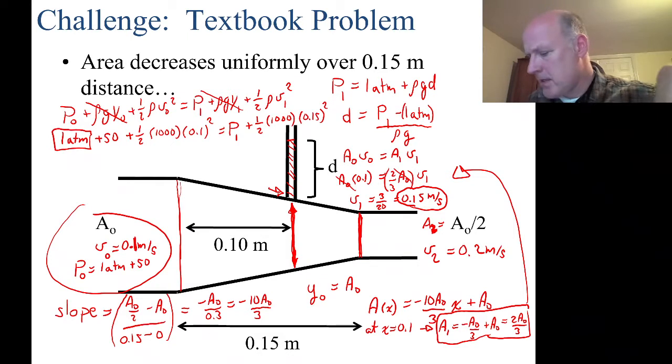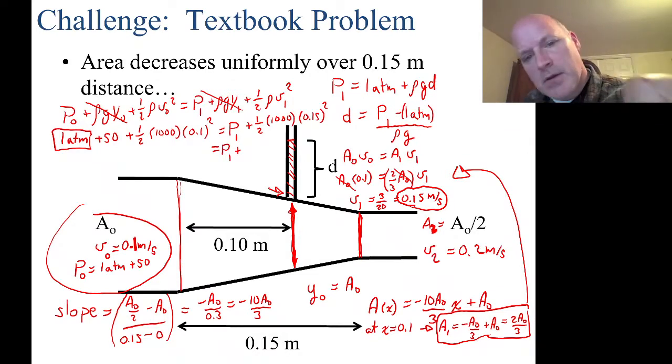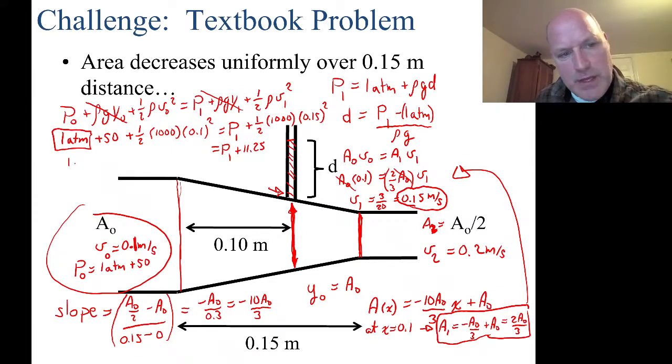So we get equal to P1 plus 11.25. And here we've got 1 atmosphere plus 50 plus, okay, let's see, 0.1 squared becomes 1 over 100. 1,000 divided by 100 is 10. 10 divided by 2 is 5. Okay, so we've got 1 atmosphere plus 55 minus 11.25.